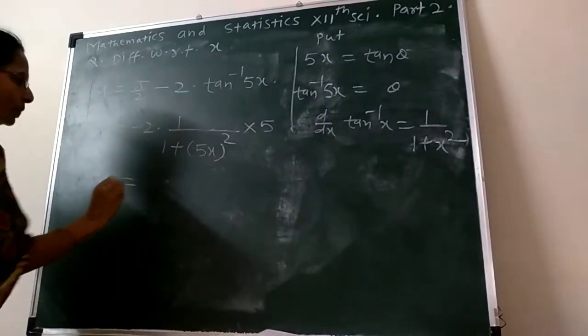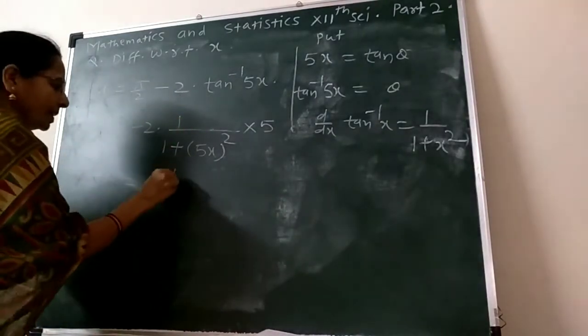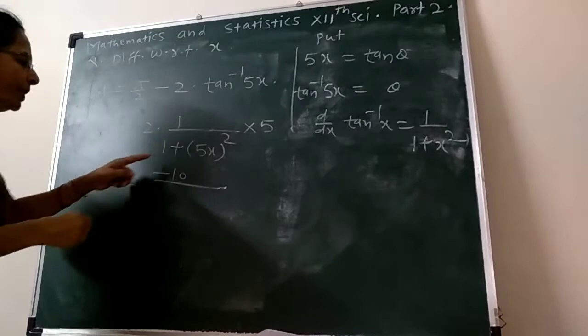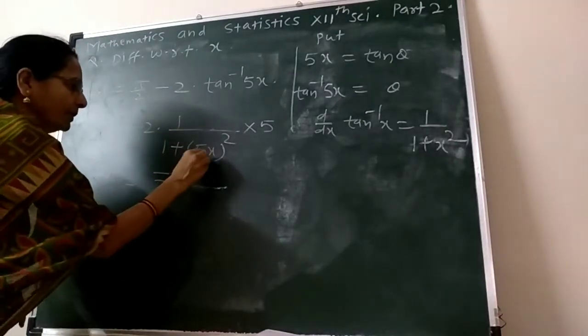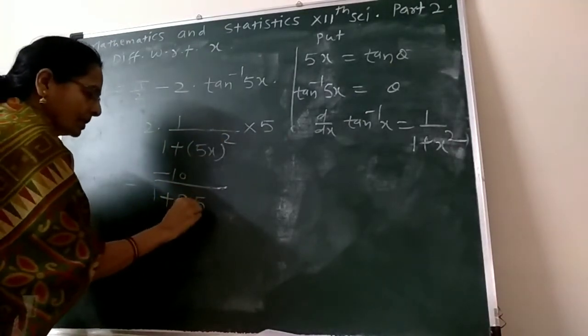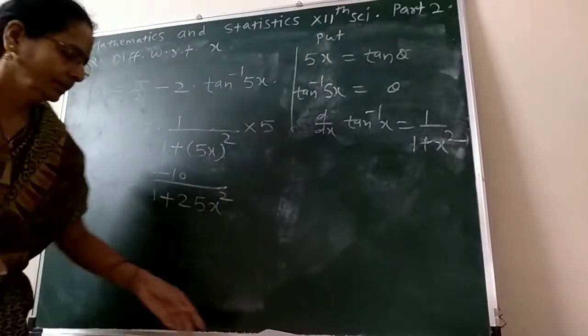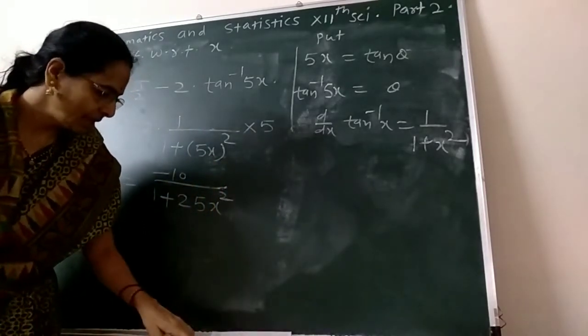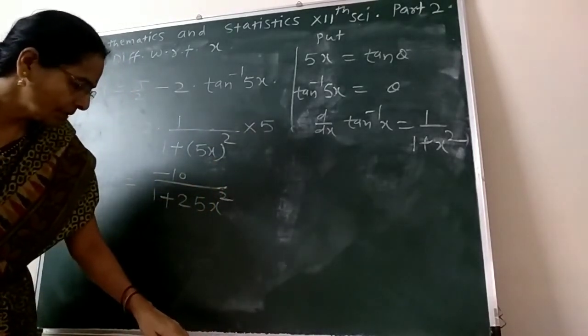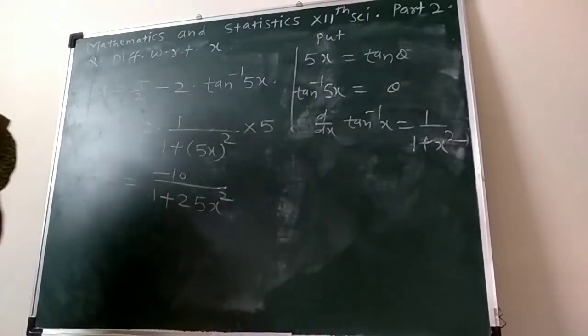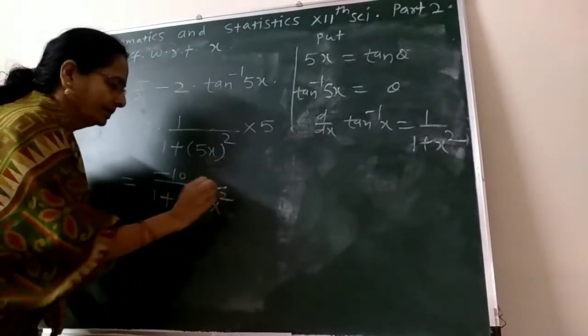So in the numerator minus 10, in the denominator 1 plus 25x square. Minus 10 upon 1 plus 25x square. This is the answer.